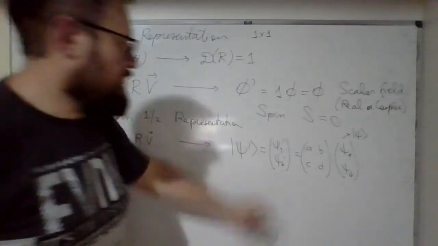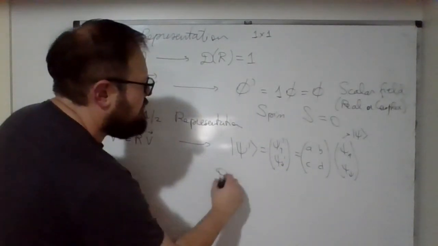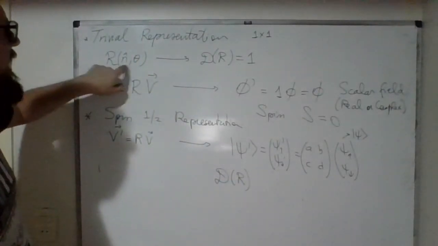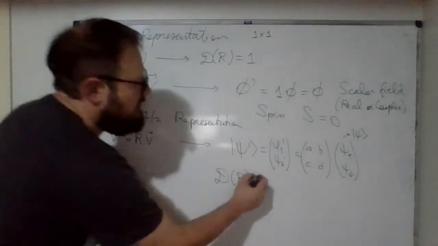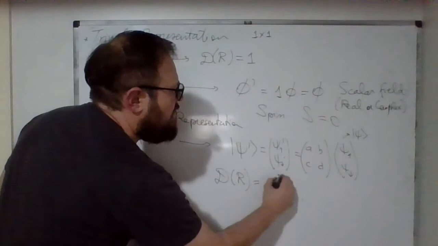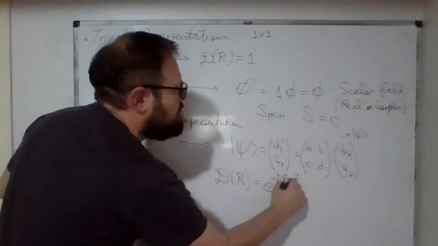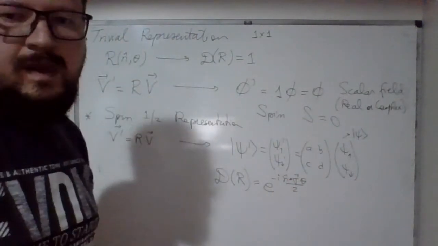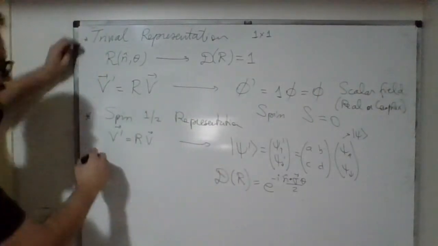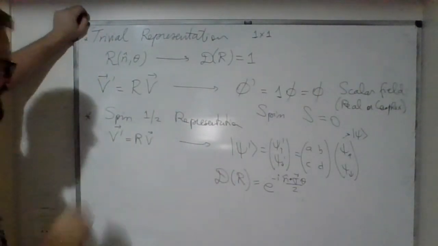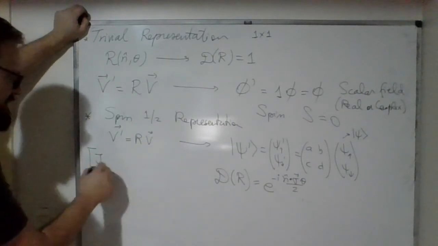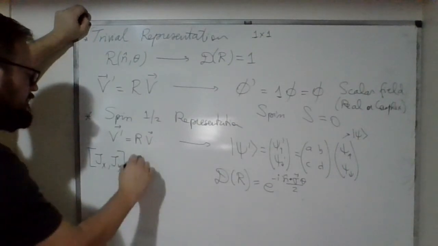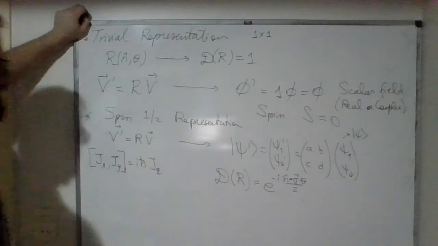Okay, so you have to find the matrix representation of that rotation for a given direction n and a given angle theta, and this is just the exponential of minus i, the direction n dotted with the Pauli matrices, times theta divided by 2. This is the representation. And you need to find an exact correspondence of the angular momentum with the algebra.